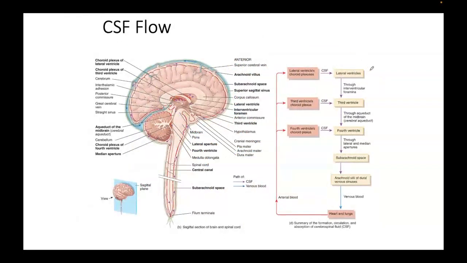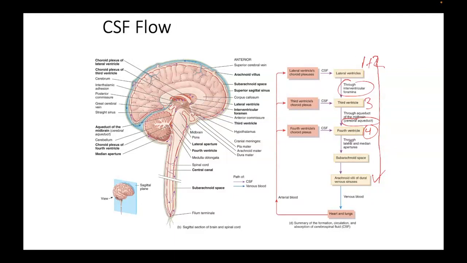And if you're more linear, then you can follow the flow of cerebral spinal fluid through here, lateral ventricles, which is 1 and 2. Here's the third ventricle, so it's got to go through the interventricular foramen of Monroe. Here's the fourth ventricle, where it goes through the cerebral aqueduct.